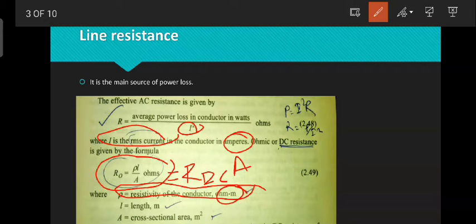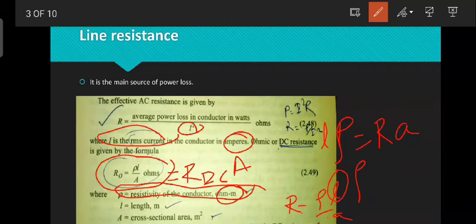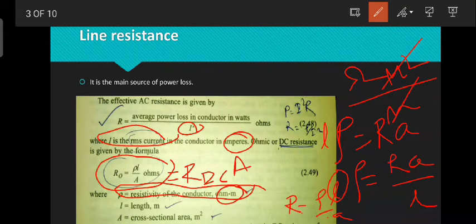Because R is equal to rho L divided by A, rho is equal to R into A, divided by L. Resistance unit is ohm, area unit is meter square, length unit is meter, so one meter cancels and only ohm meter is left.